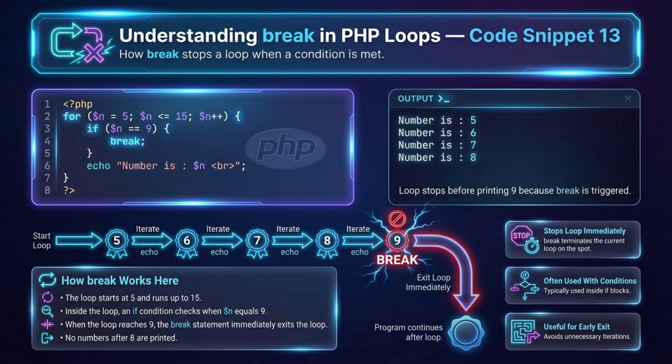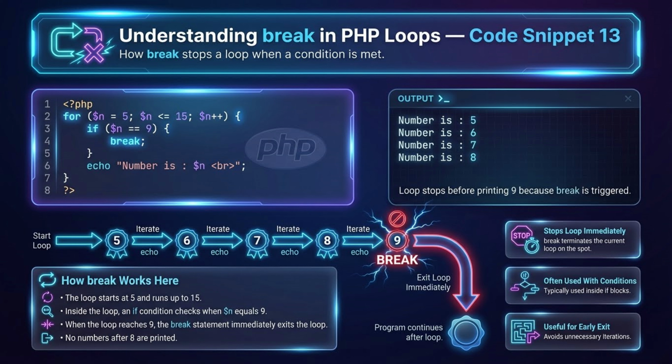The flow diagram makes this concept visually clear. The loop starts at 5, and each iteration echoes a number, moves forward, and checks the condition again. When $n is 5, 6, 7, and 8, the condition $n equals 9 is false, so the loop continues normally.